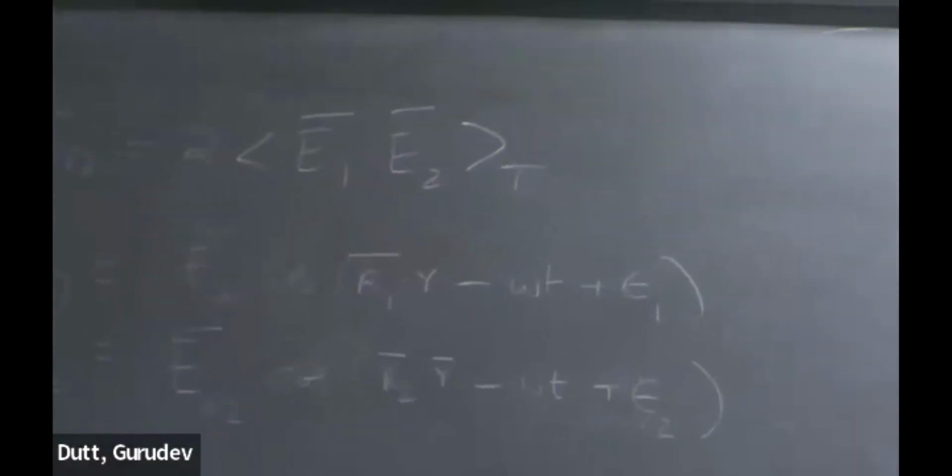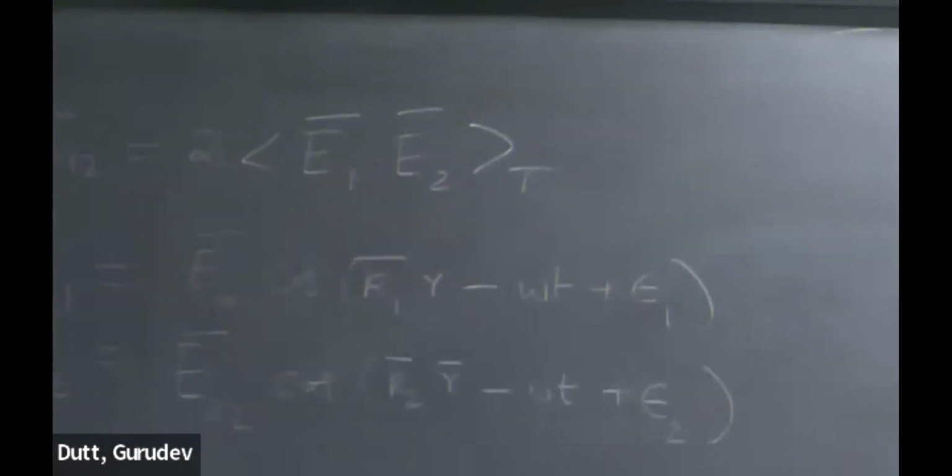Okay, so we have to take that dot product and calculate the time average of it. To do that, we will write E1 dot E2 first. That's going to give me this E01 dot E02.